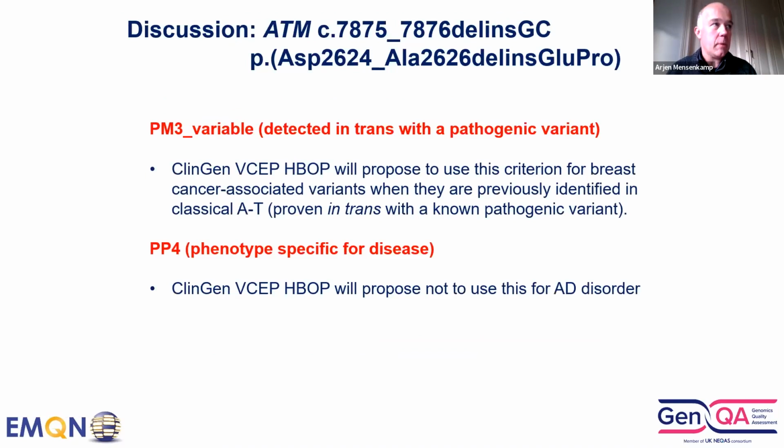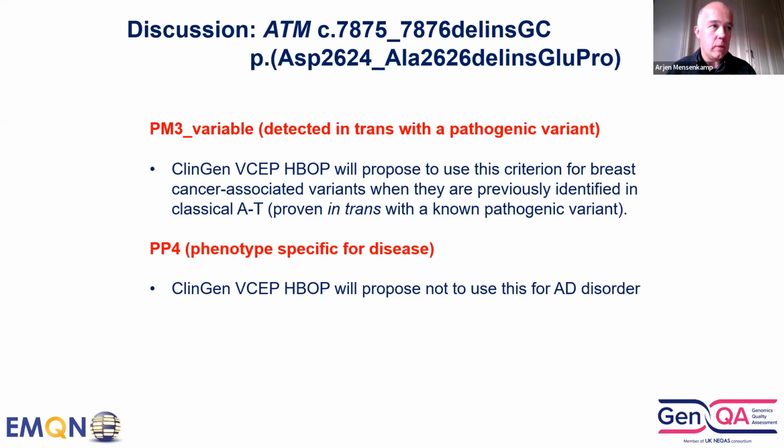However, the discussions also in the VCEP, the expert panel on hereditary breast, ovarian, and prostate cancer from ClinGen, propose that PM3 at the variable level can be used as a criterion for breast cancer associated variants when they are previously identified in a patient with a classical AT phenotype, and it is proven in trans with a known pathogenic variant.